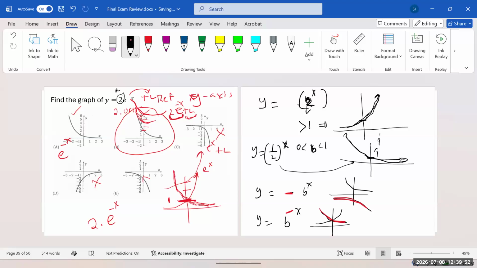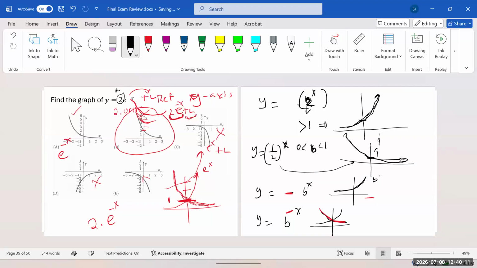Did I do it correctly? No, I didn't do it correctly. Yeah, it's negative. The original one is this one.